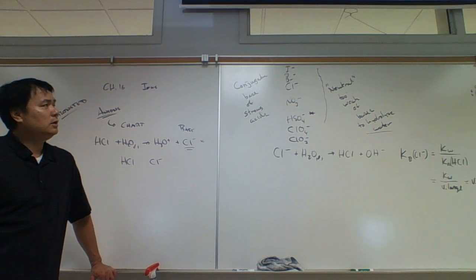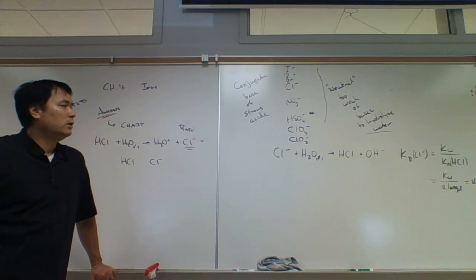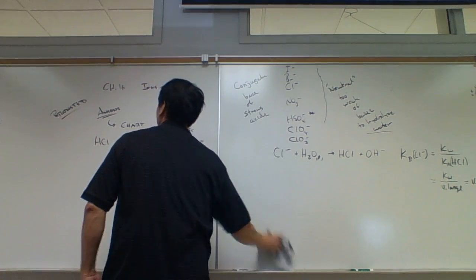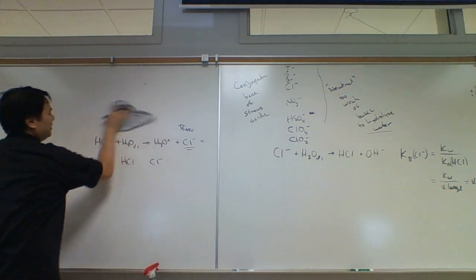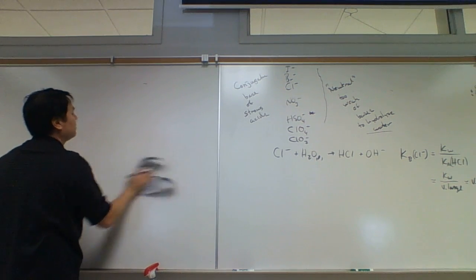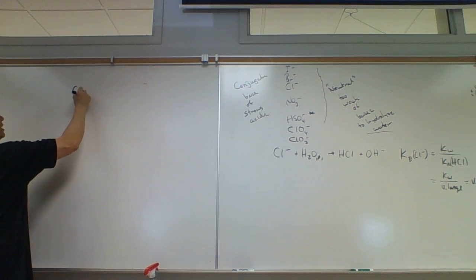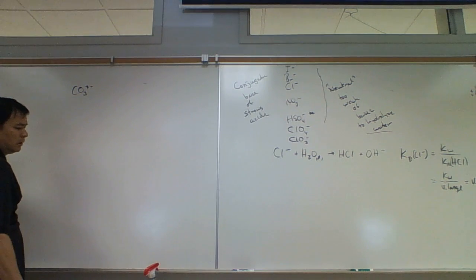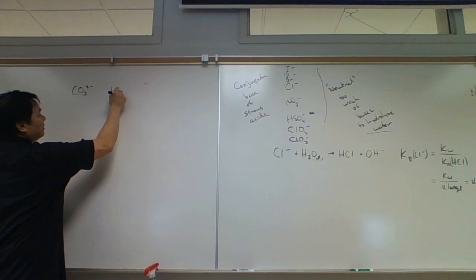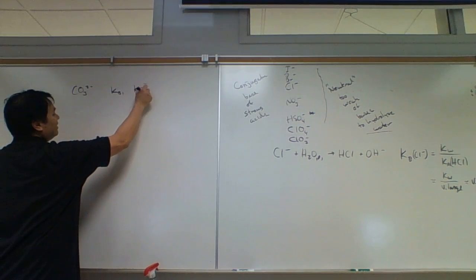All right, so the other anions are going to be quite basic. So for example, carbonate. Carbonate's a dibasic base. So if we look at carbonate, we have a Kb1 for this and a Kb2.